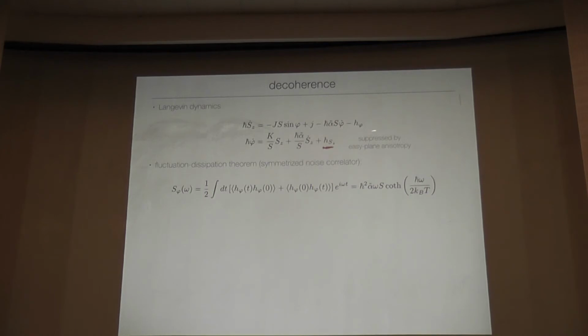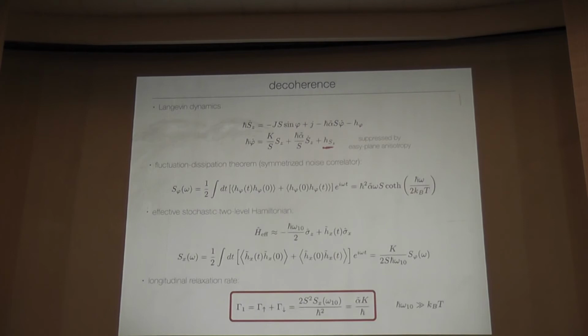So we're just going to consider the noise due to this field here, and by the fluctuation-dissipation theorem, the symmetrized noise correlator for this field is given here. And if you project this dynamics down to the effective 2-level Hamiltonian, it gives rise to a stochastic sigma x term, the noise in the sigma x. And the coefficient has a noise correlator of this form here.